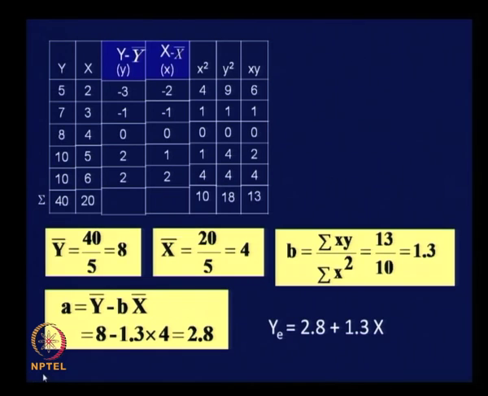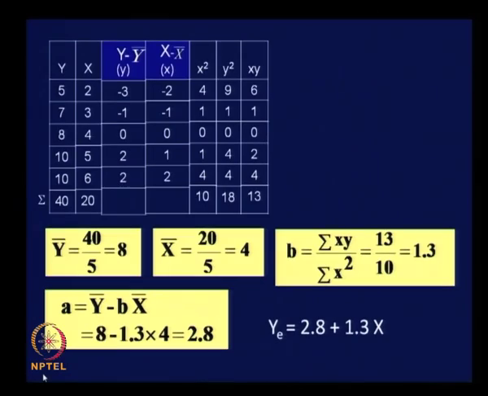So once you have the regression equation, you can get ye values for all the 5 observations. What is the estimate of y based on this regression equation? That is our concern, isn't it, because we want to use this regression equation to estimate the value of y for a similar situation. It is a very general equation.